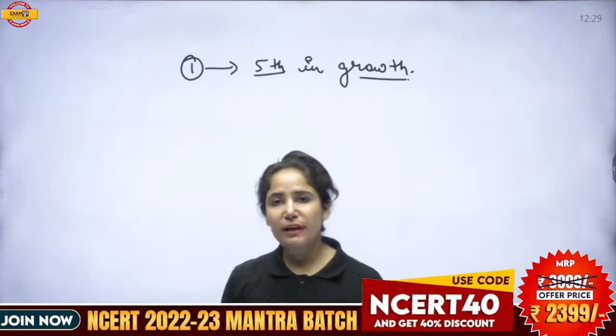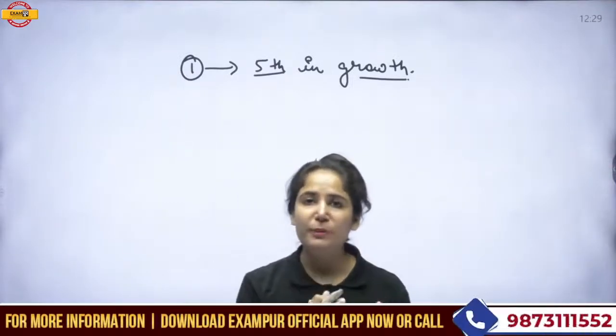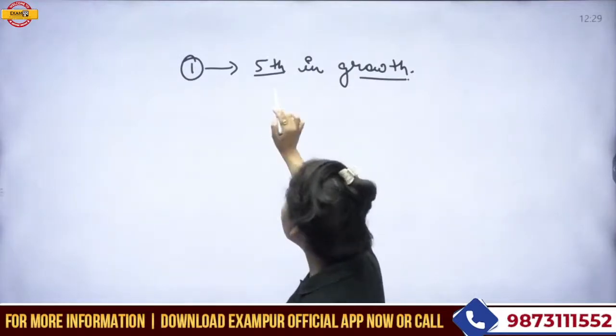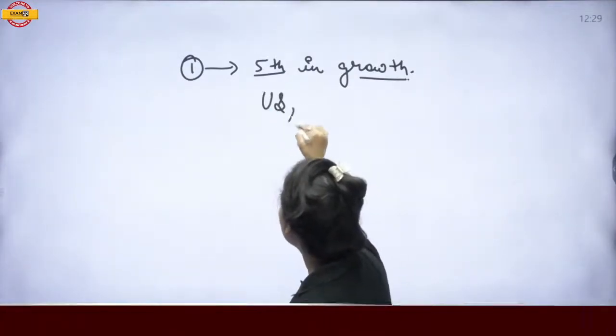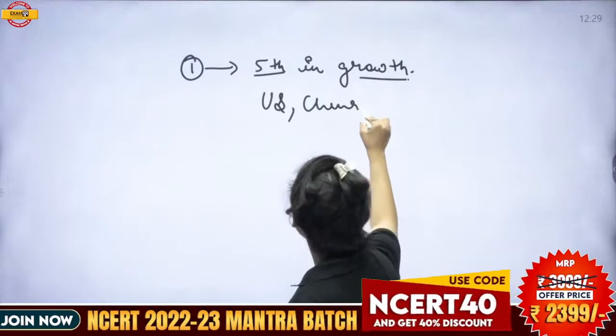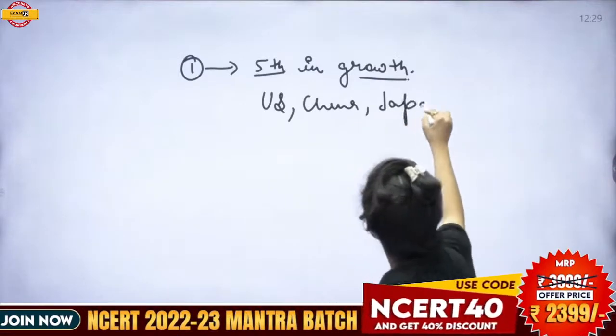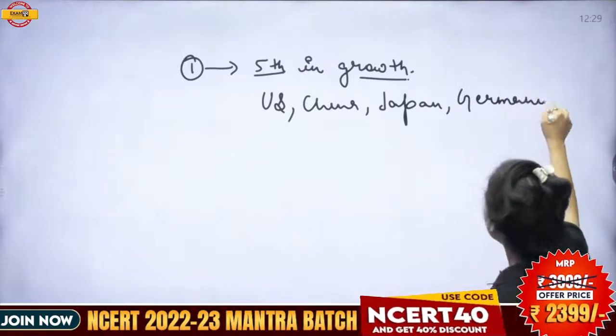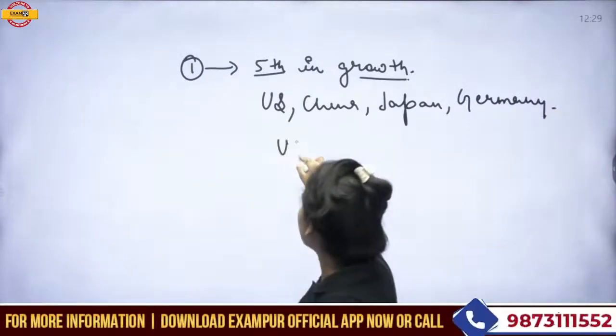If economic growth only, on the basis of growth perspective, if we are making comparison, then only 4 countries are behind us. That is US, China, Japan, then Germany. And we have surpassed the UK.